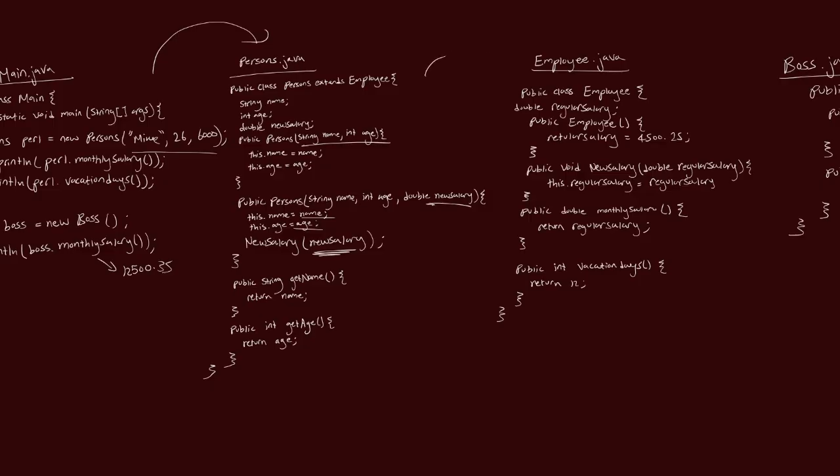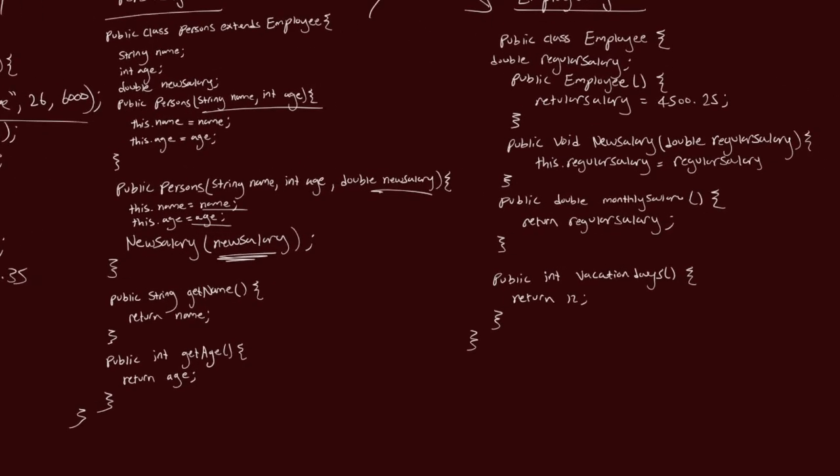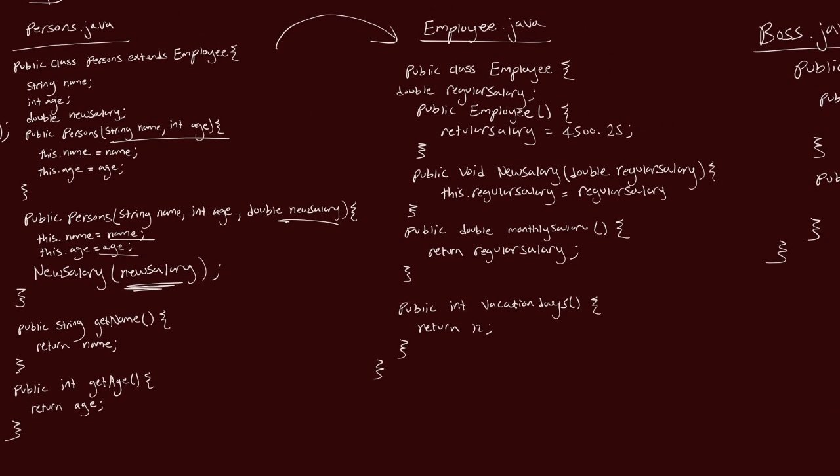Now we go to our employees class to take care of that. So we call new salary. In our employees class, as we execute everything, regular salary currently equals null, but then when we enter a constructor, we set our regular salary to be 4,500.25.